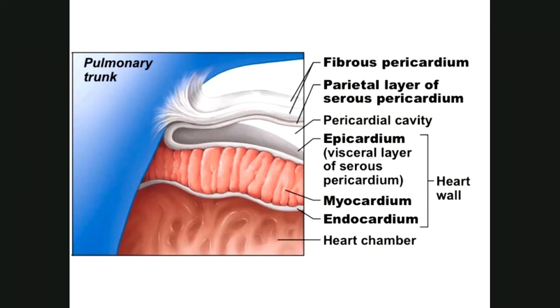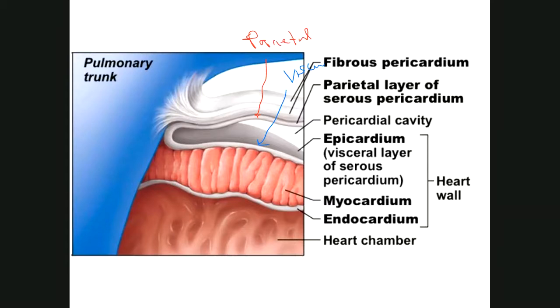And again, it has two layers. One layer touches the heart. One layer does not touch the heart. The one that touches the heart is the serous pericardium, the visceral layer. So that's this one. And the one that does not touch the heart, the serous pericardium, is the parietal layer.